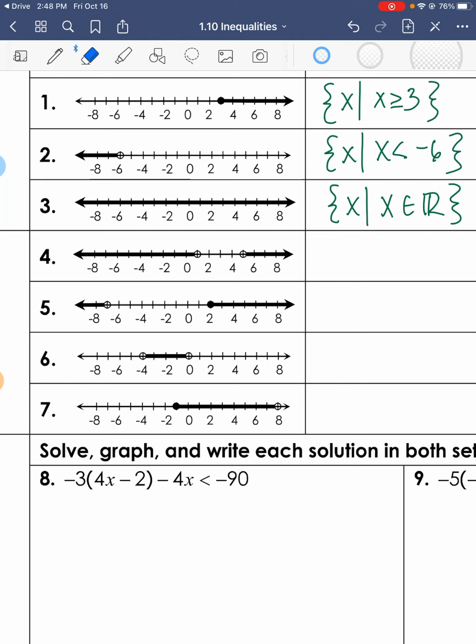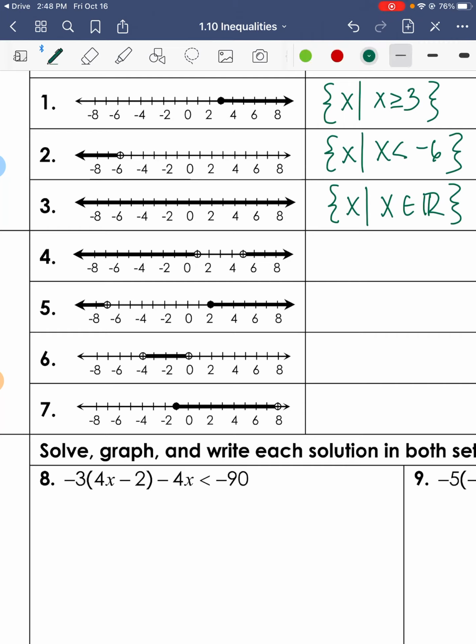Or we can have the "or" type of compound inequalities, where x can be a member of this set or it can be a member of this set. Either one or the other, and the "and" is x has to be a member of this one and this one, both.